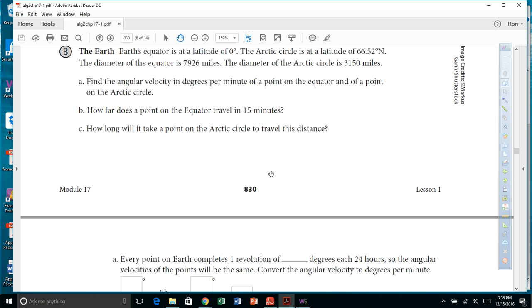A, find the angular velocity in degrees per minute of a point on the equator and of a point on the Arctic Circle. B, how far does a point on the equator travel in 15 minutes? How long will it take a point on the Arctic Circle to travel this distance?